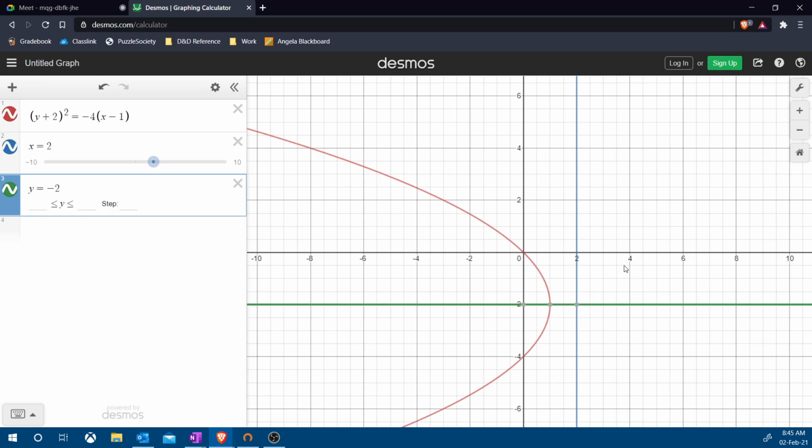We said the focus was 0, -2. The way you can really check this, and this is the lazy man's way of checking it, is that the vertex of the parabola is an equal distance from the directrix and the focus. It looks to me like it's about 1 from the focus and 1 from the directrix. So this is definitely the correct graph.